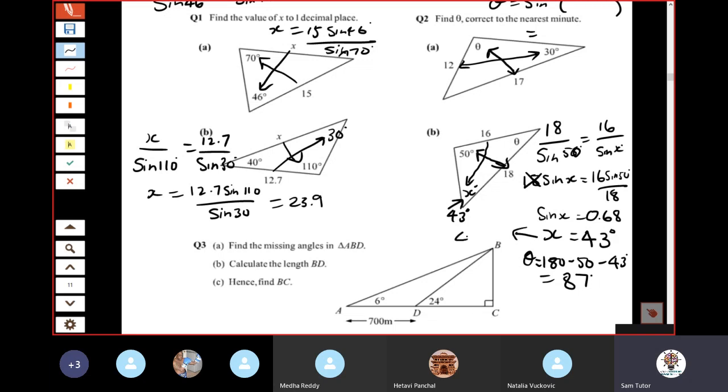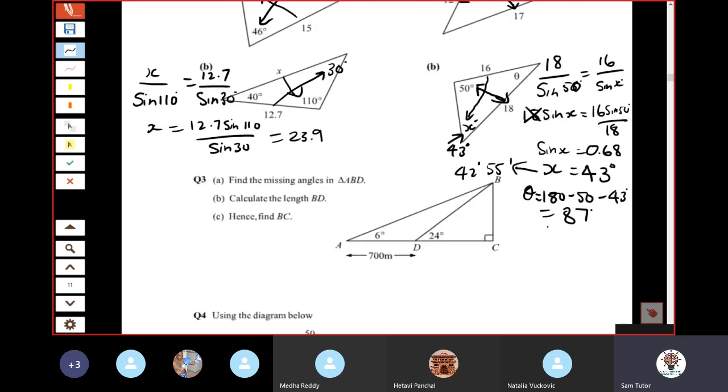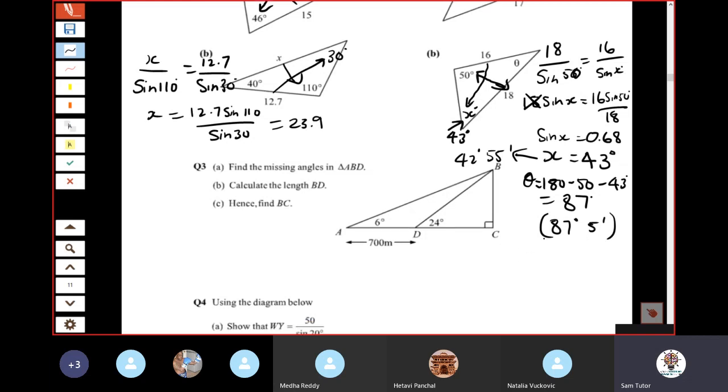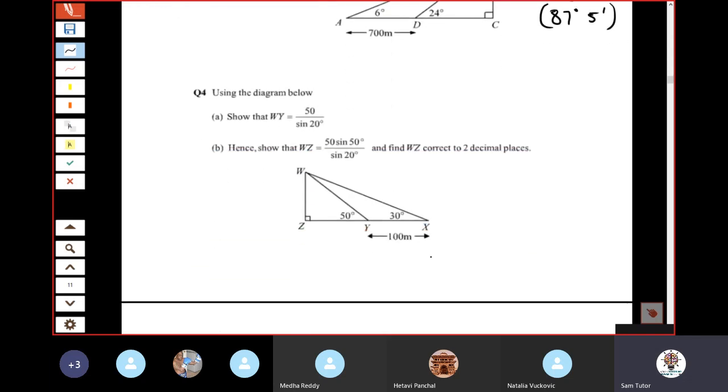This answer should be 42 degrees, 55 minutes, which means the final answer becomes 180 minus 50 minus that, 87 degrees, 5 minutes. If you're rounding your minutes, you have to look at your seconds, and if it's 30 or more, you round up. If it's 30 or less, you round down. Sorry, 29 or less, you round down.